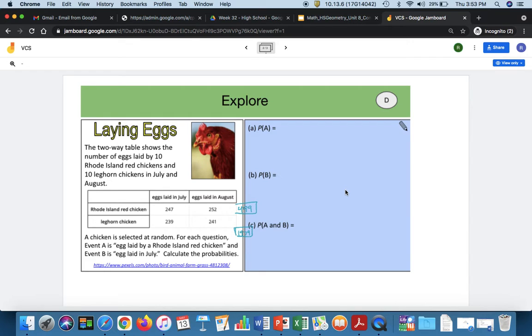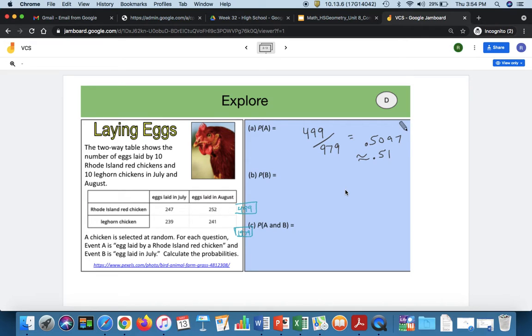So my probability of A would be 499 for the Rhode Island red chickens over the total of 979. If I do this, I would get about 0.5097, and I'm going to round this to the nearest hundredth. So we could say approximately 0.51 or 51% of the time.